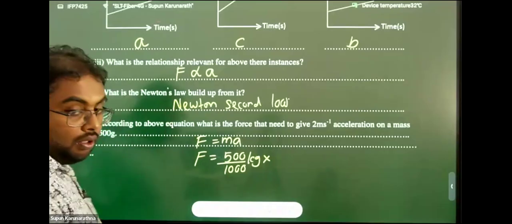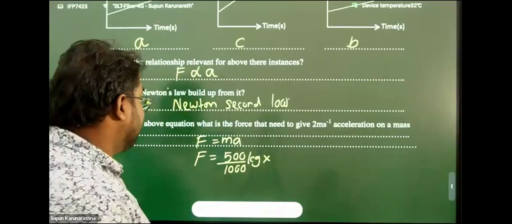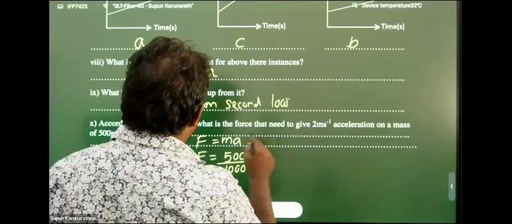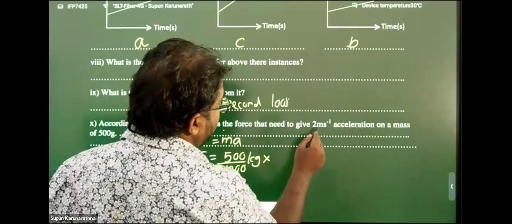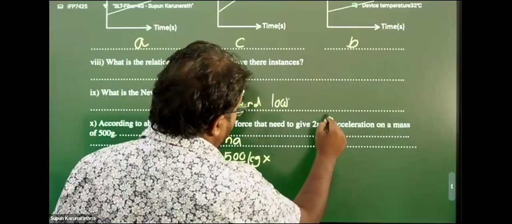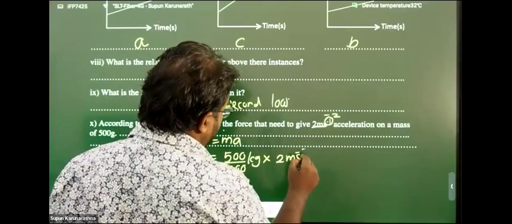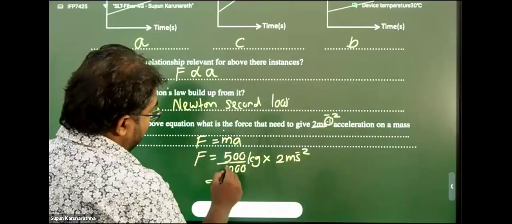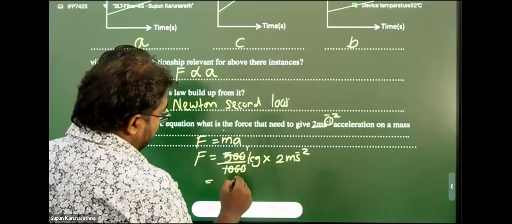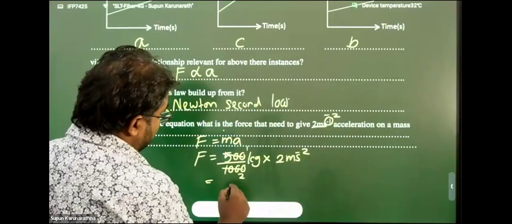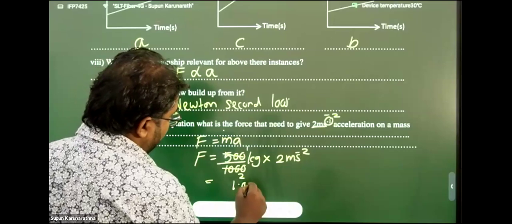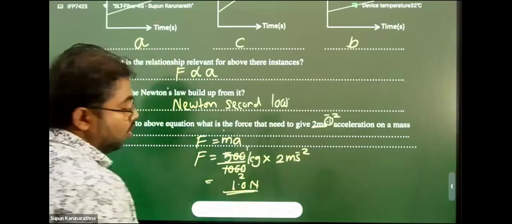So we divide it by 1000. And the acceleration is 2 ms minus 2. So then what is it? Here is a 1, here is a 2, the 2s cancel, and it comes to 1 Newton.